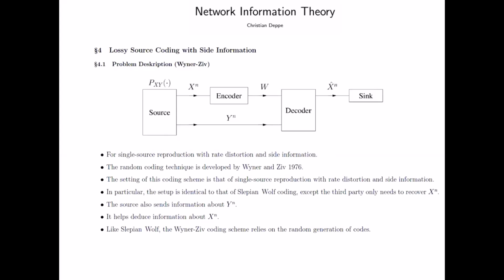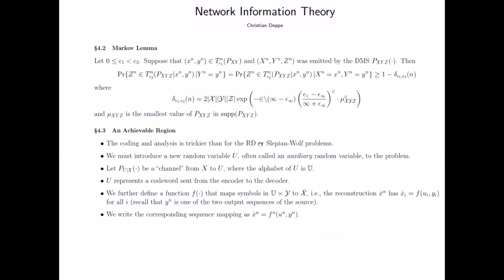When we look at the proof of Wyner-Ziv, it turns out that the coding and analysis is a little bit trickier than for the previous model of Slepian-Wolf. The trick we learned was the random variable U. So we have to introduce a new random variable U and call it an auxiliary random variable. So we introduce a channel from X to U, where the alphabet of U is this script U here.